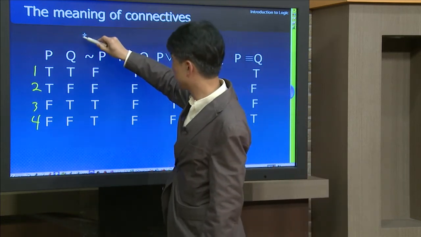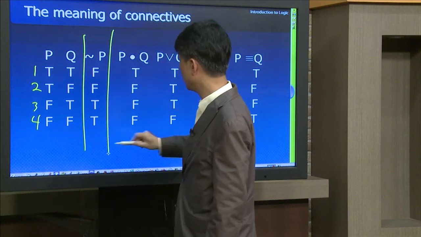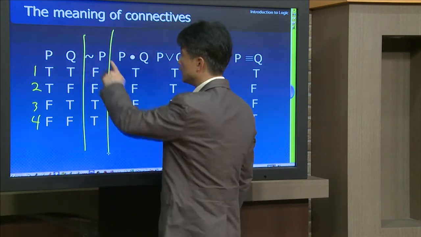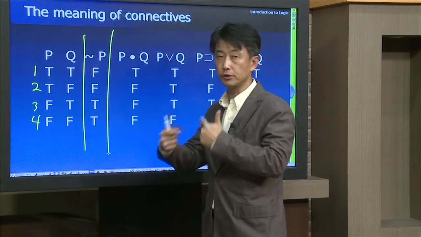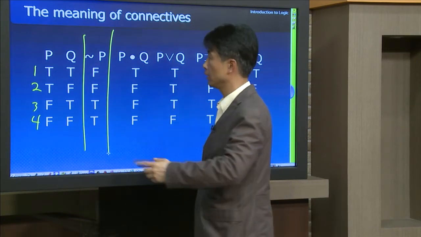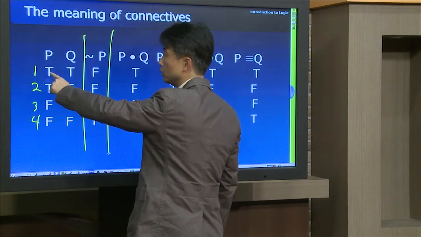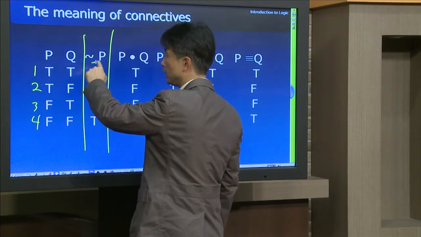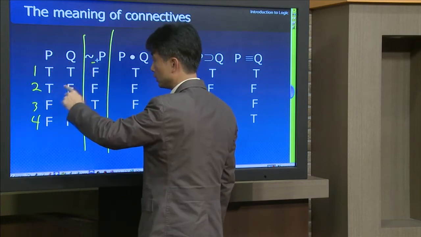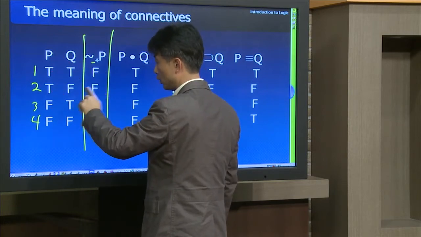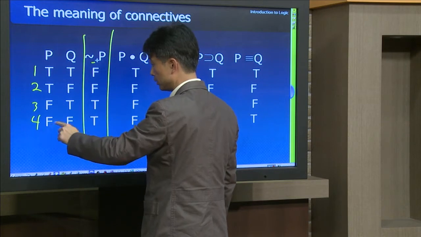Let's look at not P first. The truth value of not P is the opposite of the truth value of P. So when P is true, not P is F. When P is false, not P is true.